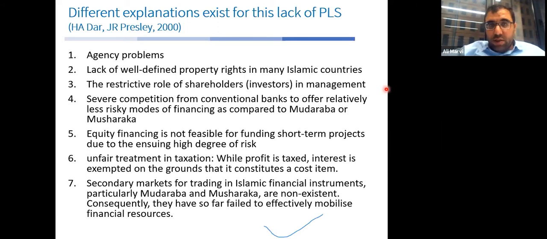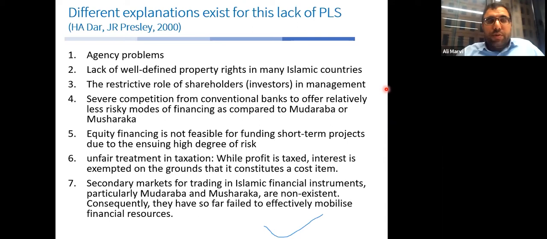The third is the restrictive role of shareholders in management. In Islamic banks, actually, the owners of the banks are totally different from depositors. And so there is a big informational asymmetry between depositors and bank owners.